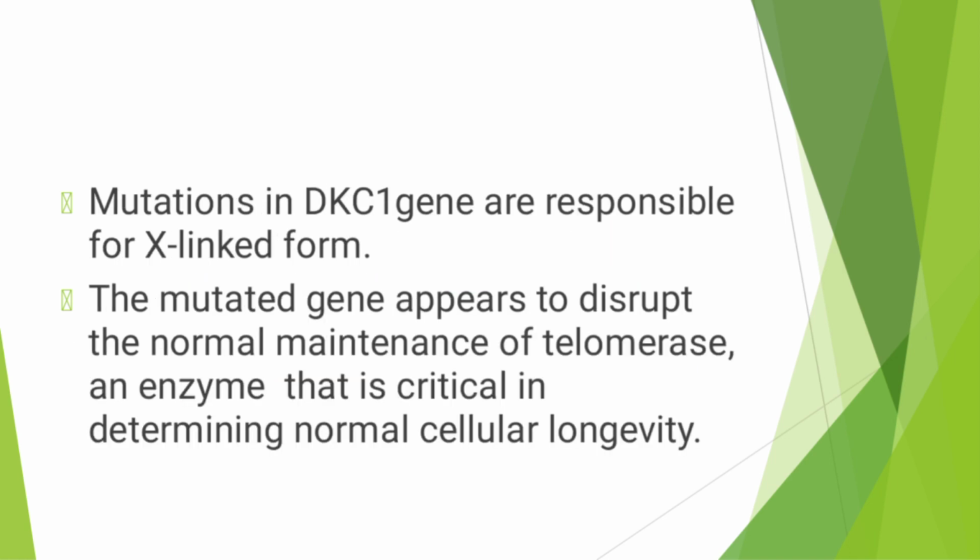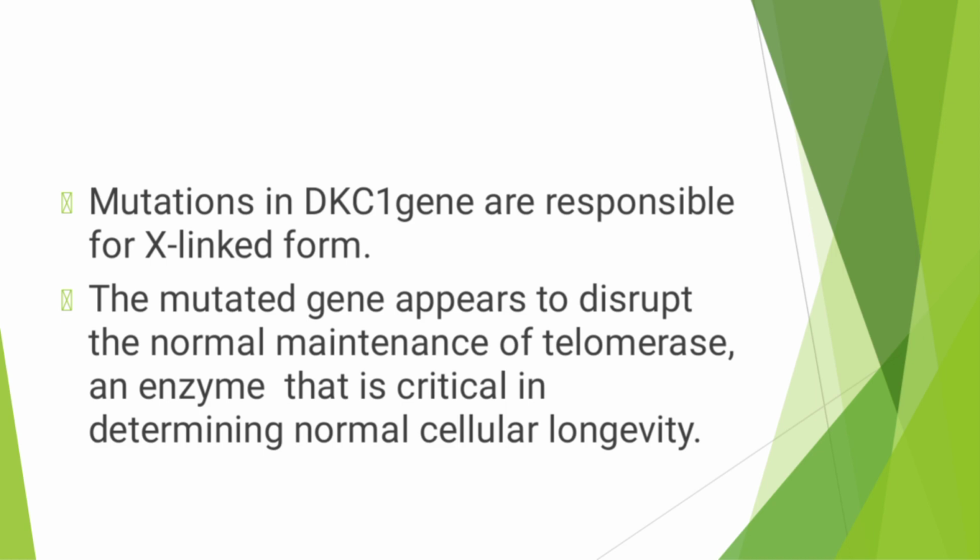Before that, I want to tell you in a story type that there was a gene. In that gene, a mutation has occurred, and that mutation has affected an enzyme. That enzyme was responsible for the longevity of the cells.